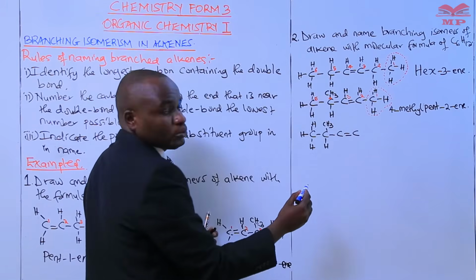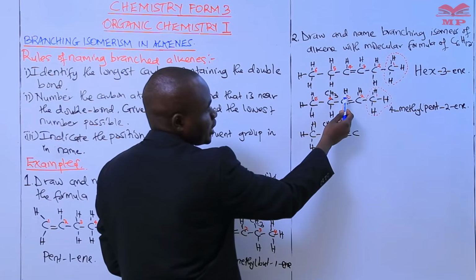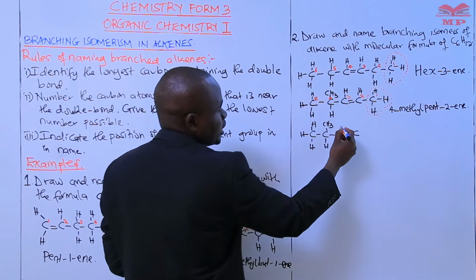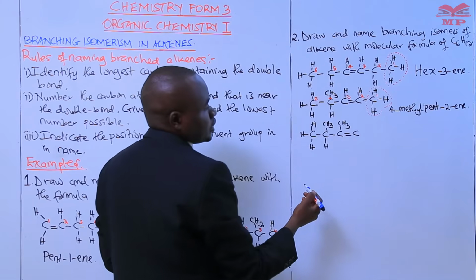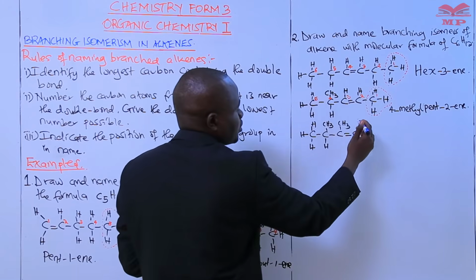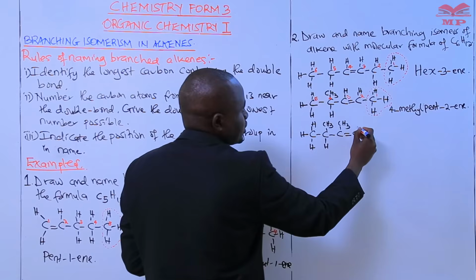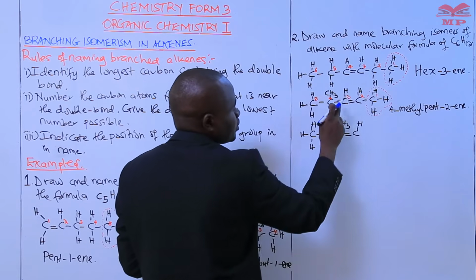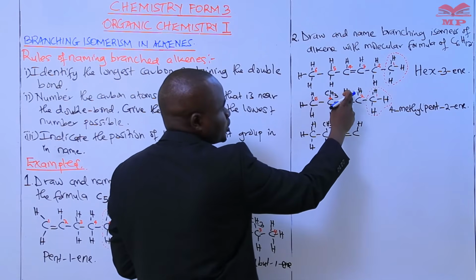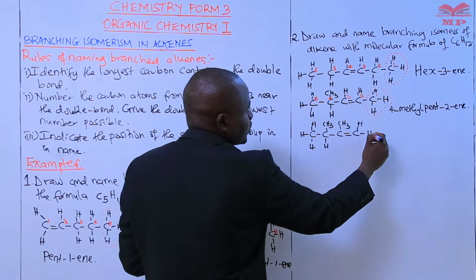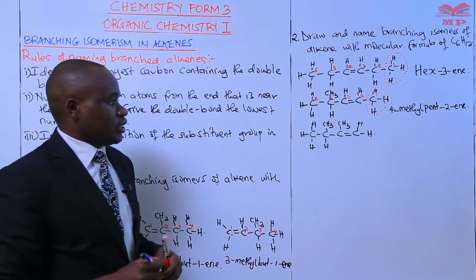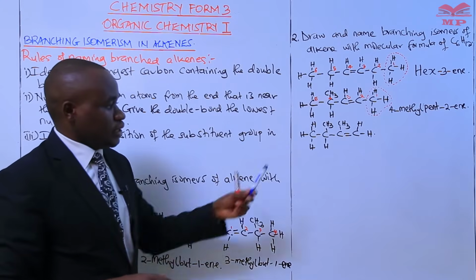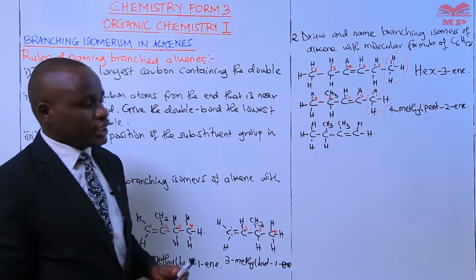Then I'm going to replace this hydrogen with a methyl, CH3, like that. And then this carbon has this hydrogen, but remember I interchanged, so this one comes here now, like that. So that is the new compound, a branched alkene.